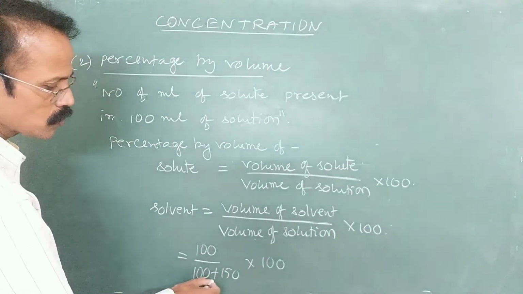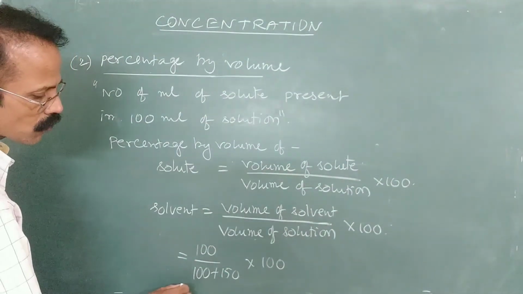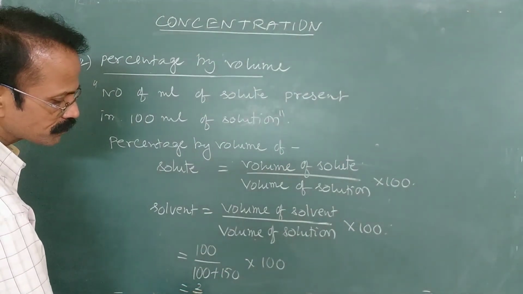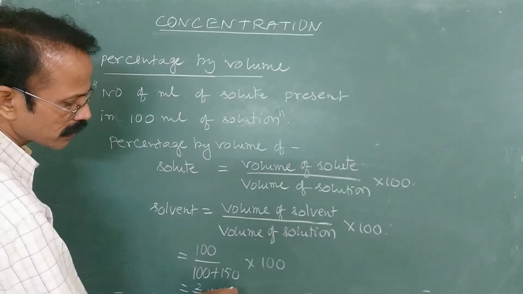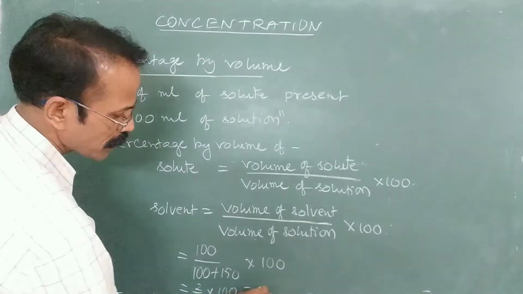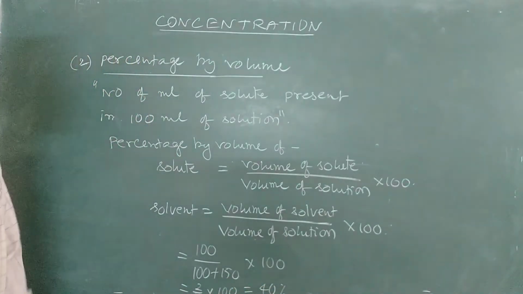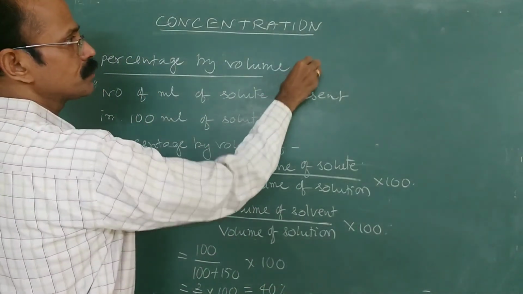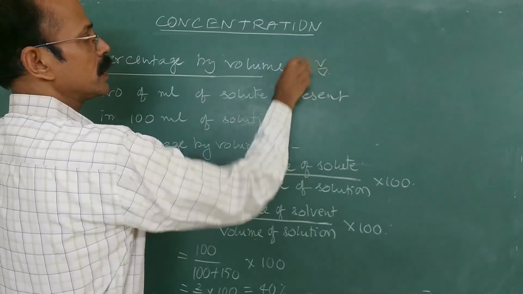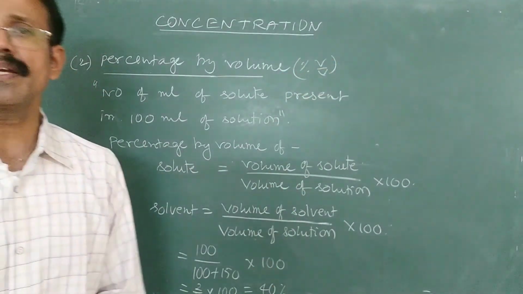So 100 by 250 is equal to 2 by 5 into 100, which is equal to 40. So 40% is the percentage by volume. This is denoted like this, percentage V by V.